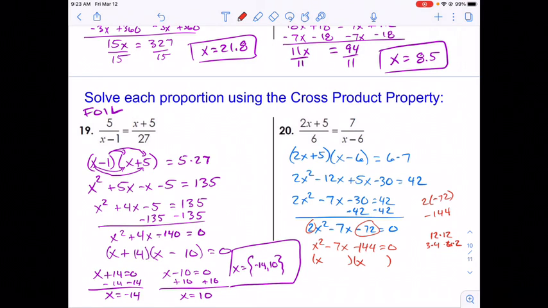So let's see here. Maybe 18? Let's see, that's not going to get us the 7.